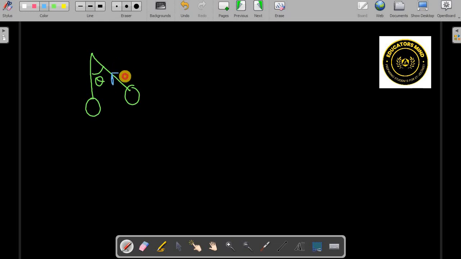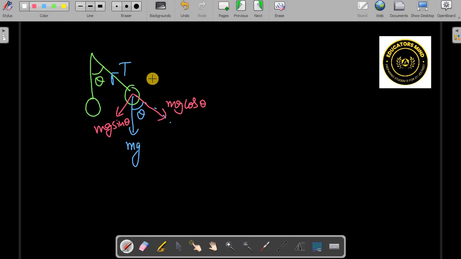There will be tension in this direction, mg in this direction, and let us extend this, the angle is theta. Mg can be resolved into 2 directions: along the radial direction, outward mg cos theta, and mg sin theta.